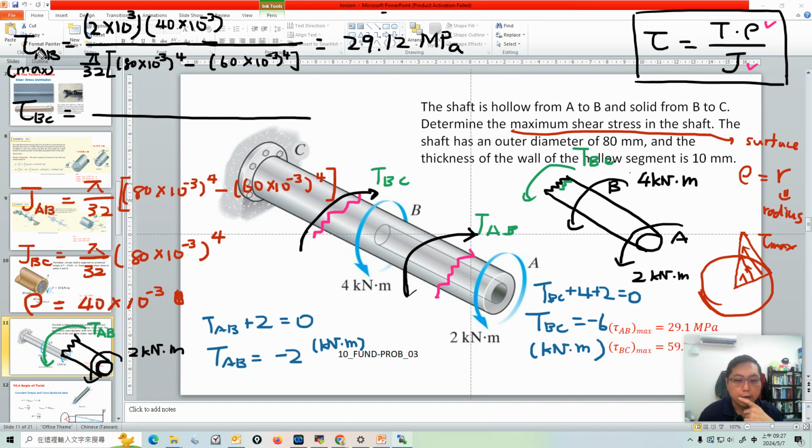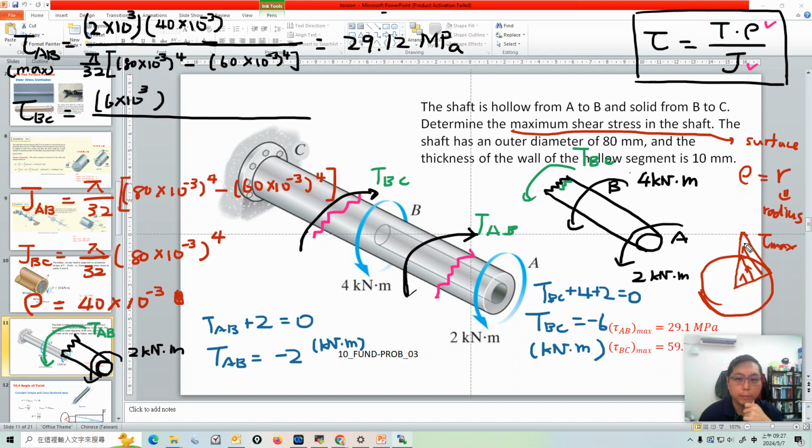I think in this problem the direction is not that important, so I just put the 6 in there. And be careful, it is kilonewton meters, and I want everything in newton meters, so I put 6 times 10 to the power 3.